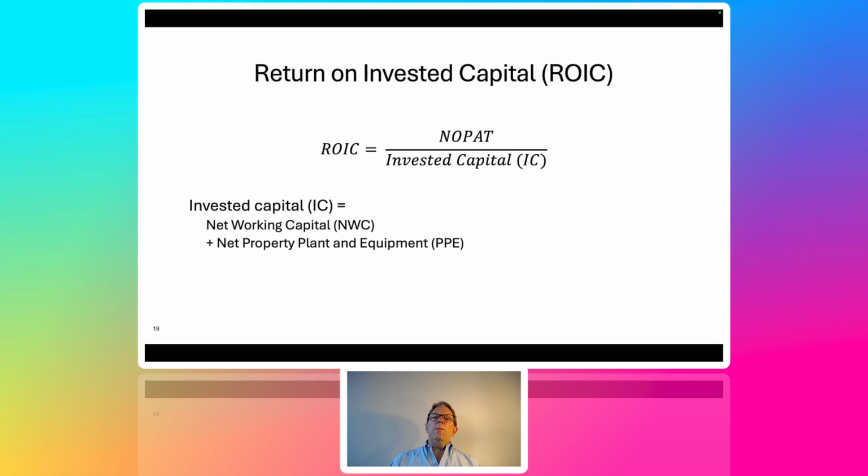That measure will be return on invested capital. Your invested capital is net working capital plus net property, plant, and equipment. The competitor has to invest if they are going to enter the business, and then they have to be concerned about their potential return, and NOPAT would be the return. Now, it takes a little while to scale the investment, the new business, but this is ultimately the measure.